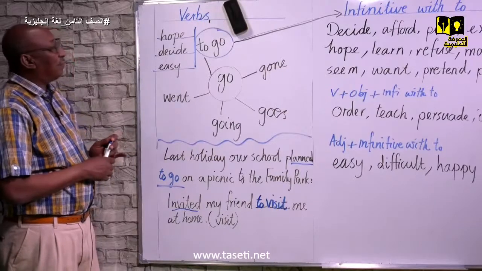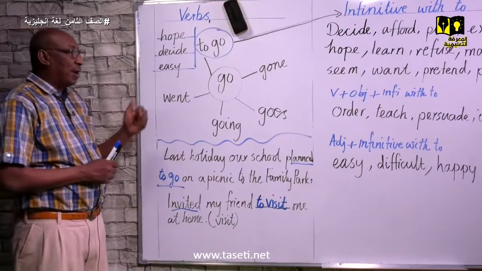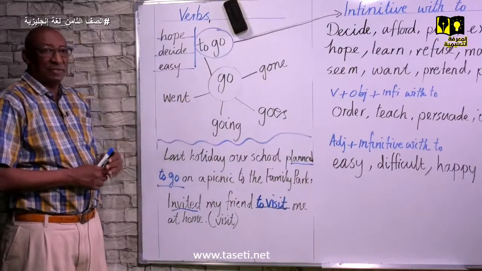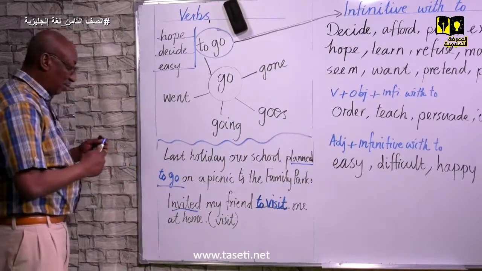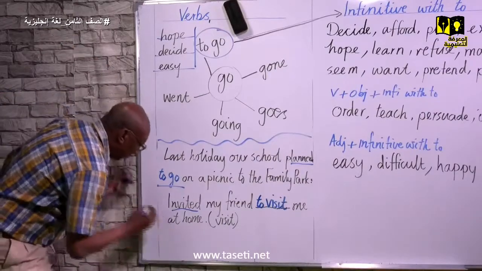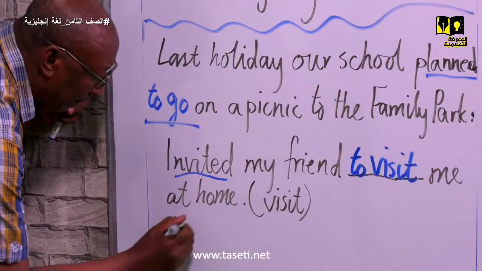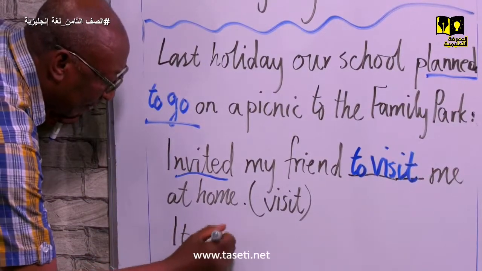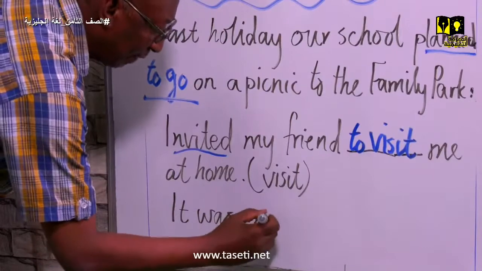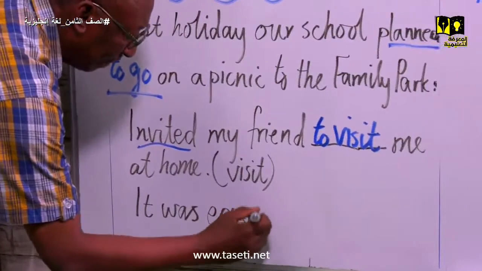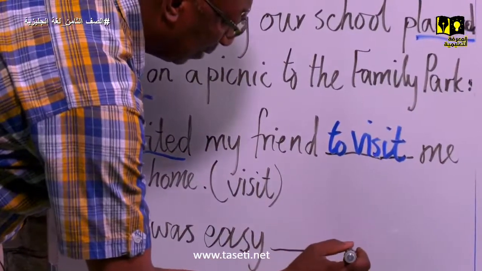And also the infinitive with to can be preceded by some adjectives, right? One of these adjectives like easy, okay? For example, it was easy the exam.